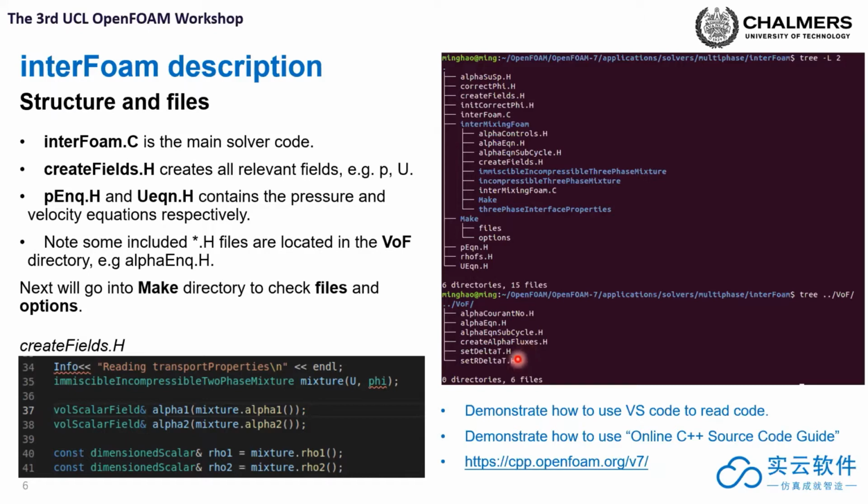These are needed by interFoam because a lot of solvers are using this VOF method. So in this file structure, OpenFOAM just puts all the header files relevant to VOF in this VOF directory. But later on, when we do the modification, we need to copy these to interFoam, but we will show that later.